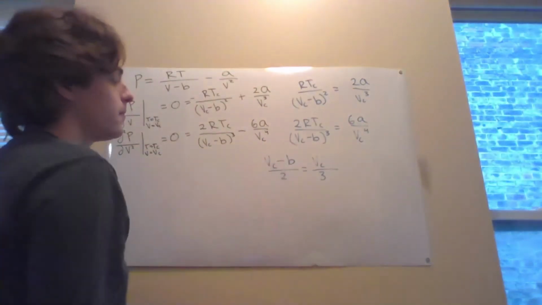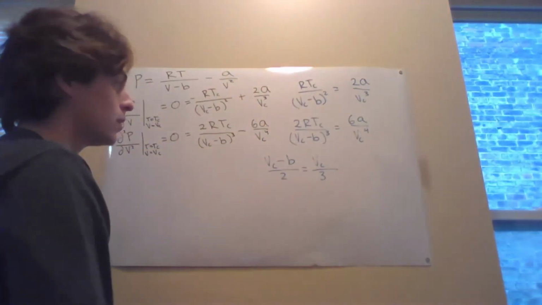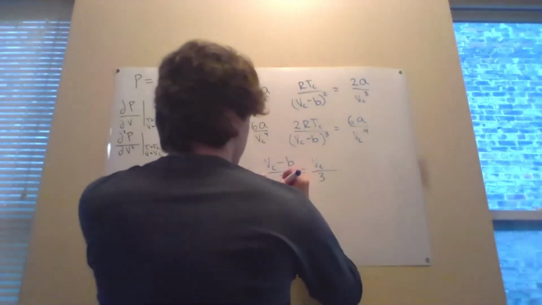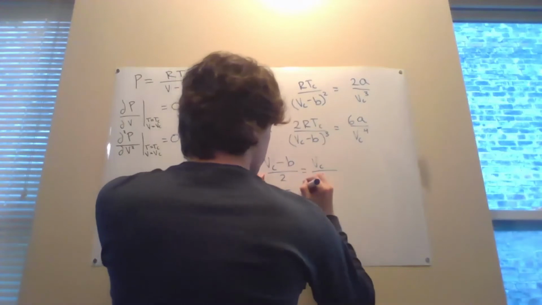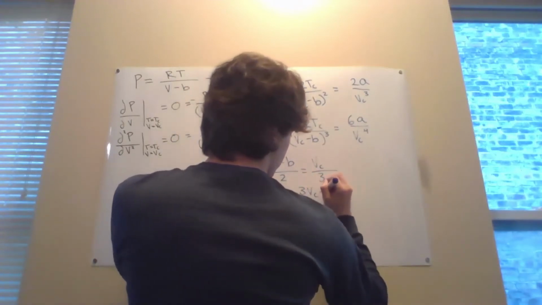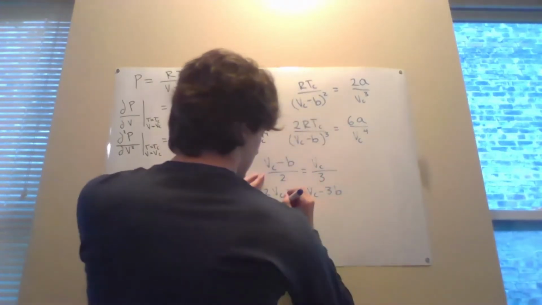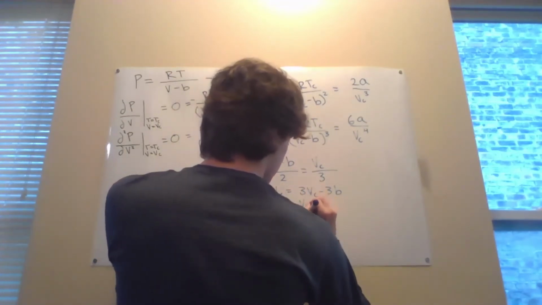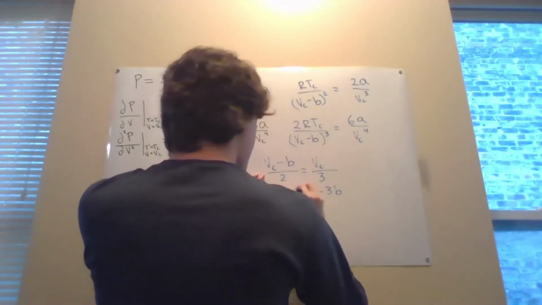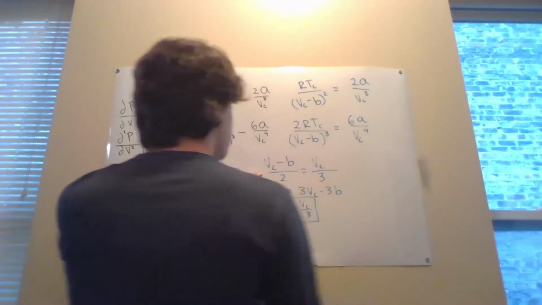From here, we can continue and solve. Critical volume times 2 will be 3 times the critical volume minus 3 times B, and that means B is equal to the critical volume over 3. There's our expression for B.